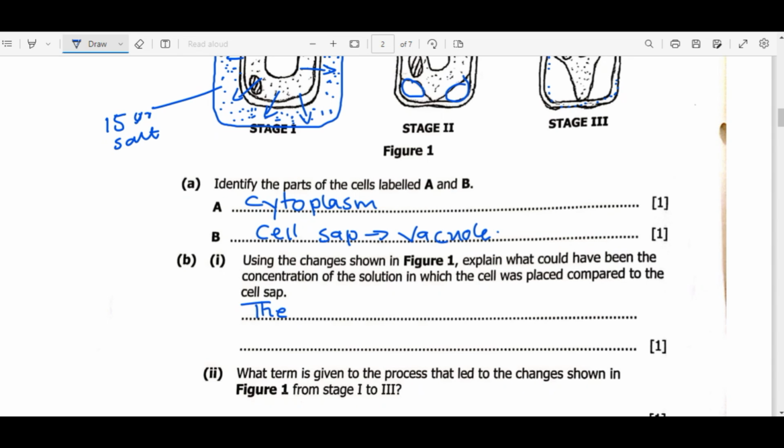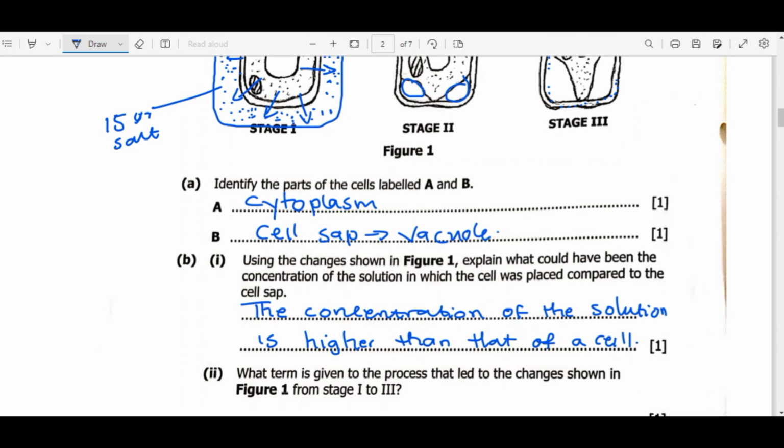So say the concentration of the solution is higher than that of the cell.